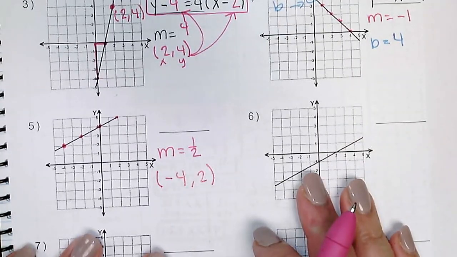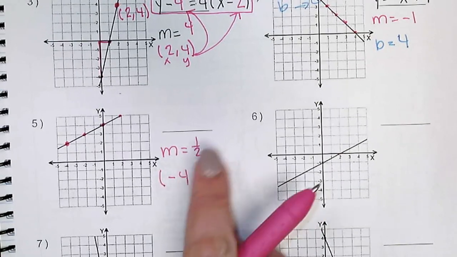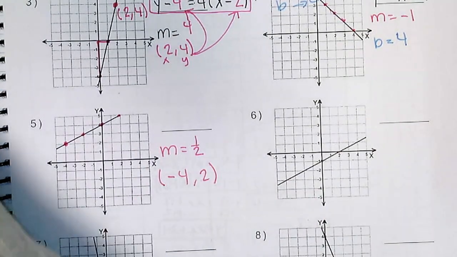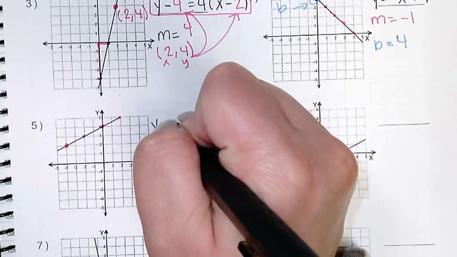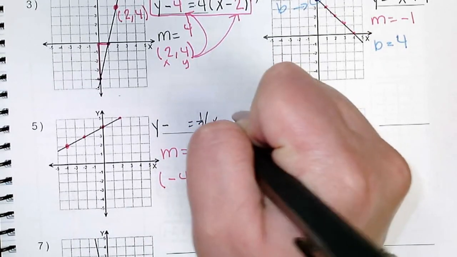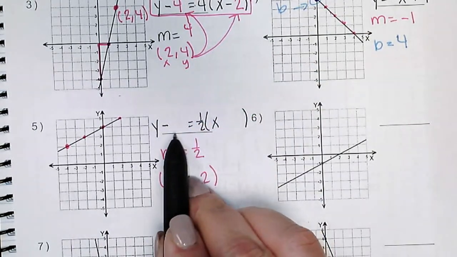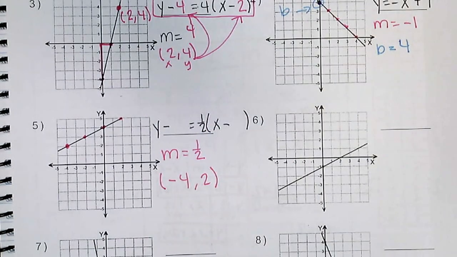So try and write this in point slope form. So I gave you the point and the slope. So you try and write it on your own or just think about it. So like, what's going to go here? What's going to go here?